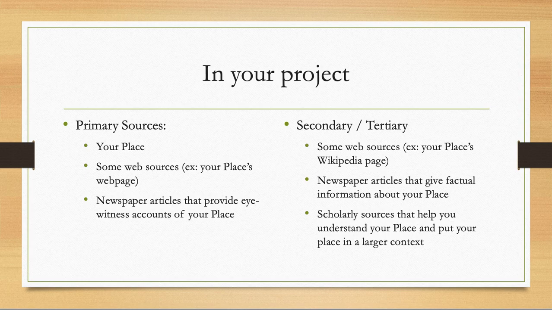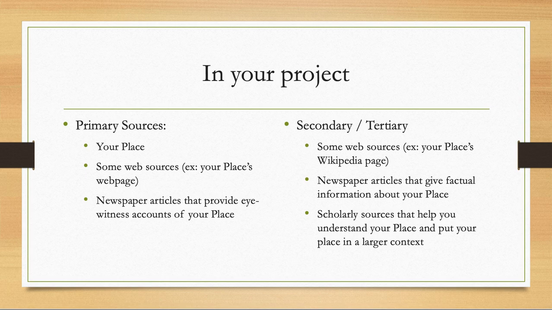We're going to augment those primary sources with secondary sources. Some of the websites you've found may be secondary sources, interpretations of your site, such as the site's existing Wikipedia page. Some newspaper sources will serve as secondary sources. Remember the article about the Edgar Allan Poe house that we read?